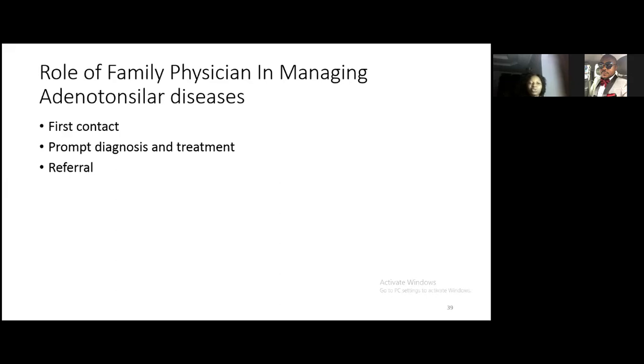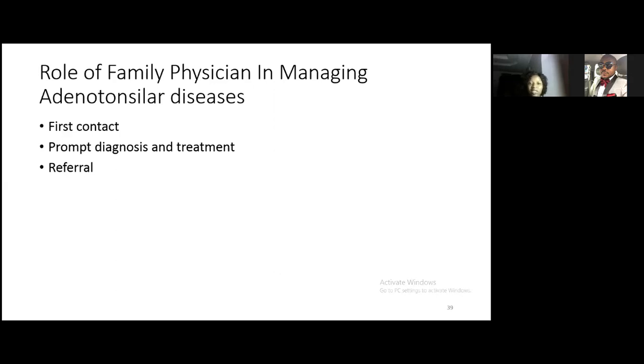So being able to identify the kind of presentation that will be managed at home, or the kind that would be managed in the hospital under admission, and also to refer when the need arises, especially when there is recurrent tonsillitis or chronic tonsillitis.